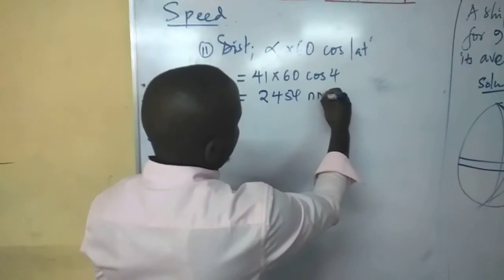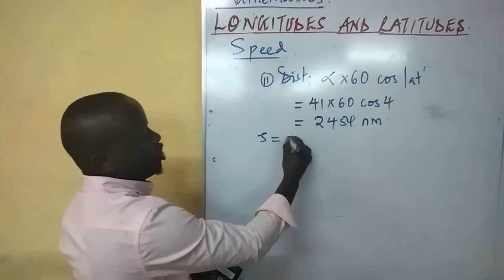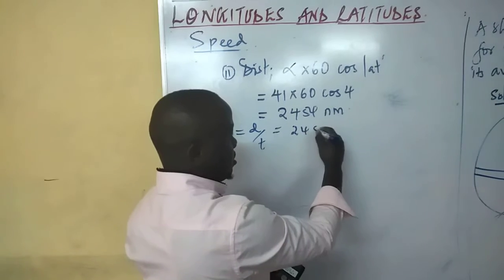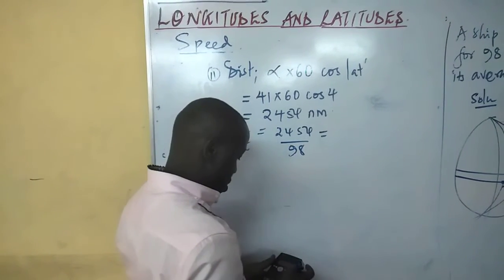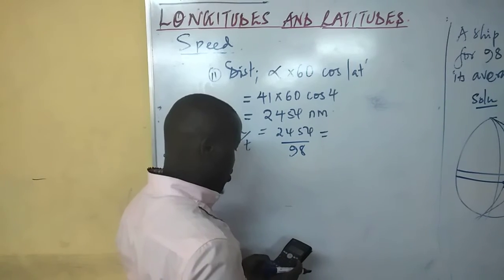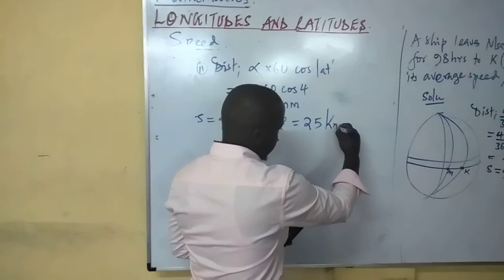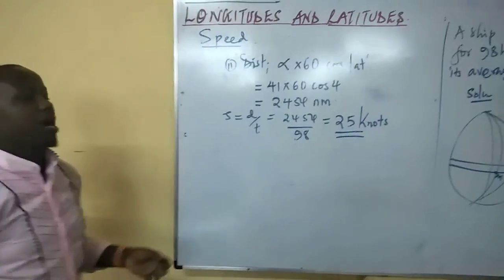This gives us 2,454 nautical miles. Now, to get the speed, it will again be distance over time, but distance is now in nautical miles. Divide by the same time, 98. When you divide this by 98, we will get 25 knots. So in this case, we will not write nautical miles per hour.